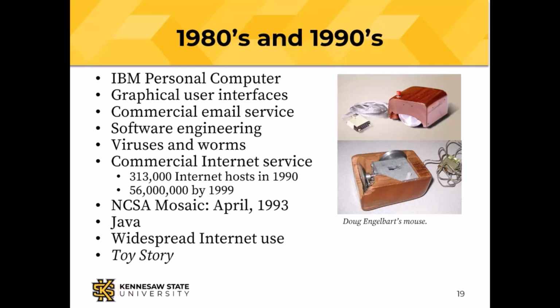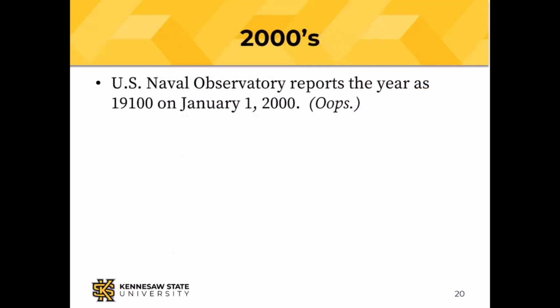We've gotten beyond that. 2000s, the U.S. Naval Observatory, which is the arbiter of what time it is, right? Very briefly reported the year as 19100 instead of 2000. For years and years, programmers used 2 digits to represent the year. And all of a sudden, 2 digits was not going to be enough. And people spent about $1 zillion.